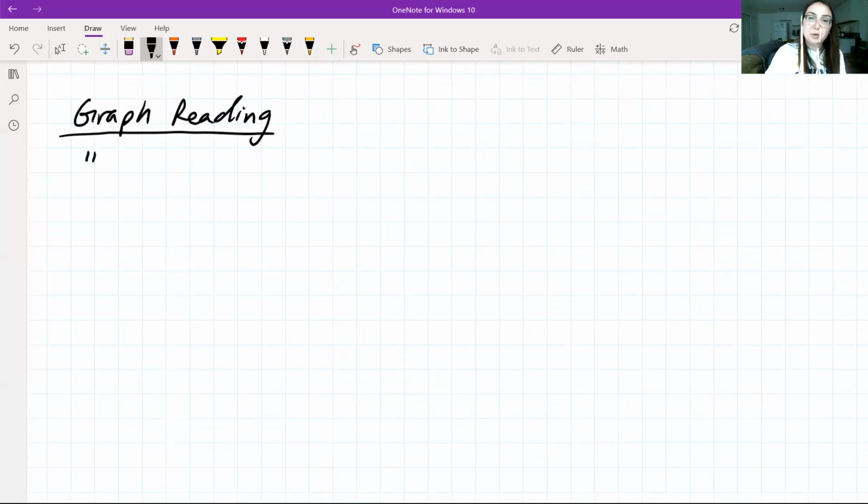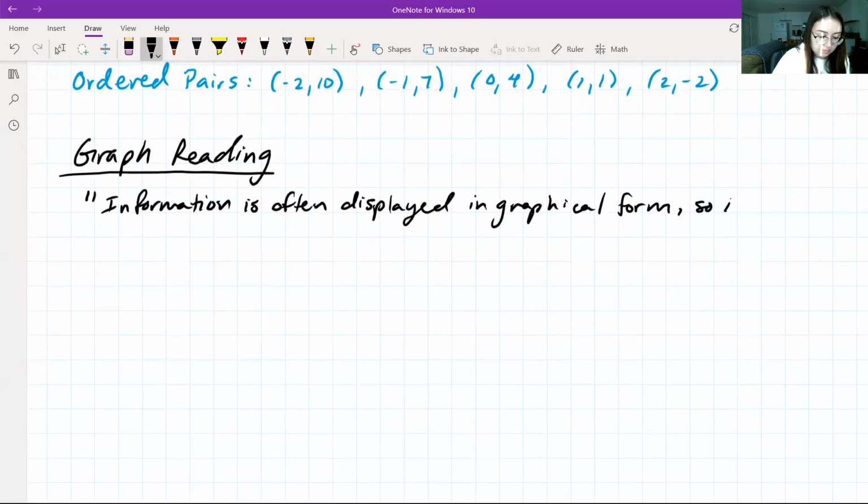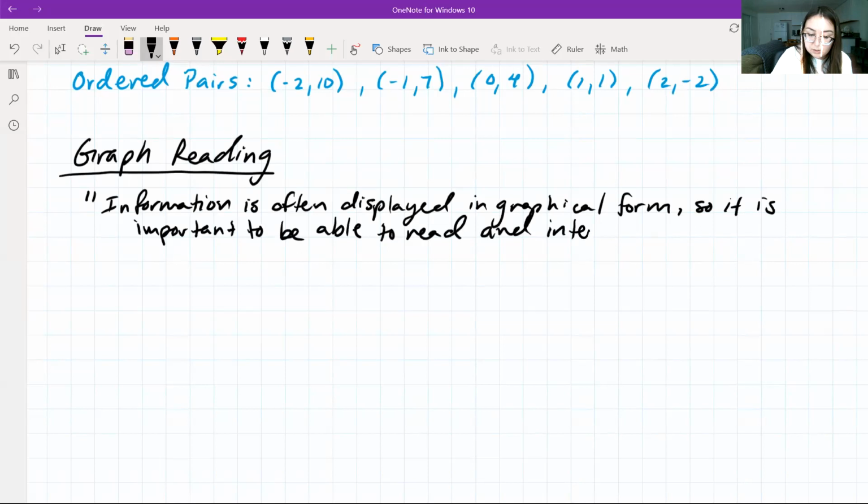And again, just to start off with, an important phrase to keep in mind is that information is often displayed in graphical form, so it is important to be able to read and interpret graphs. And this was something I kind of mentioned in the very beginning.